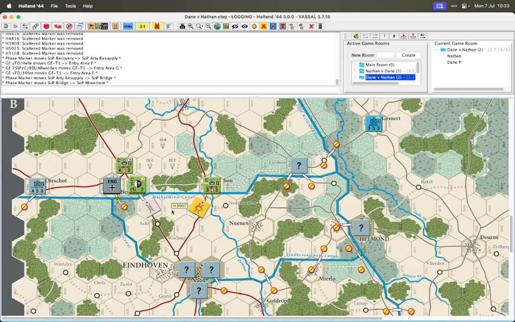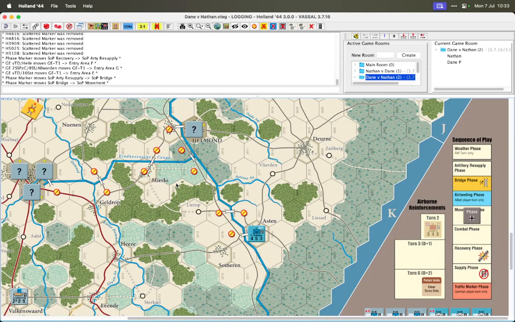All right, I'm not going to blow any bridges. I feel like the DRM would apply to the allied players. No, I think it's pretty well. I've played this game so many times.